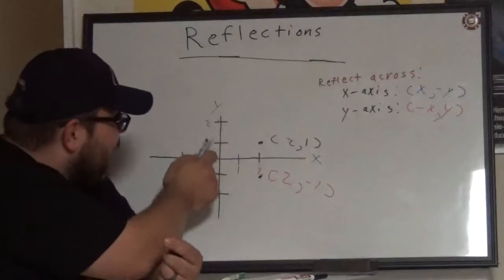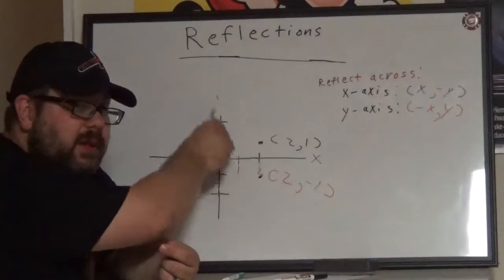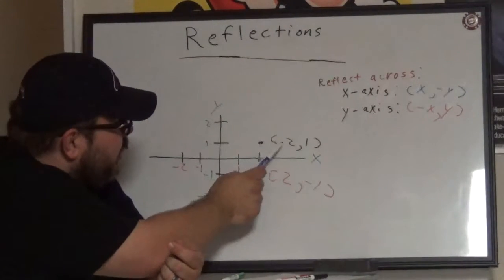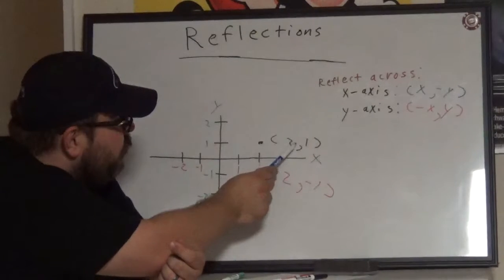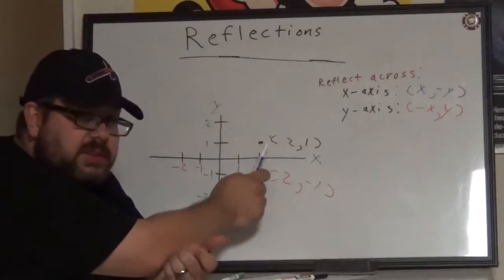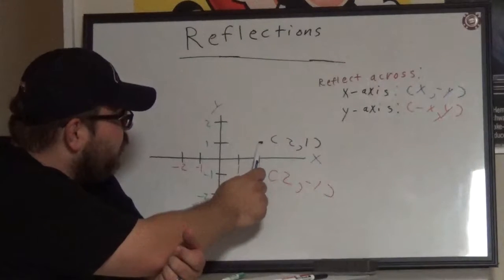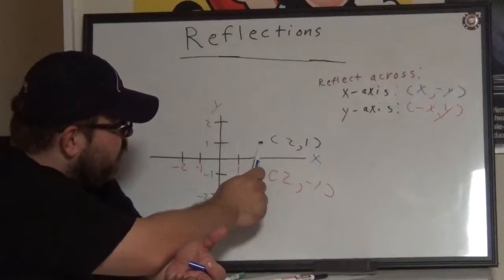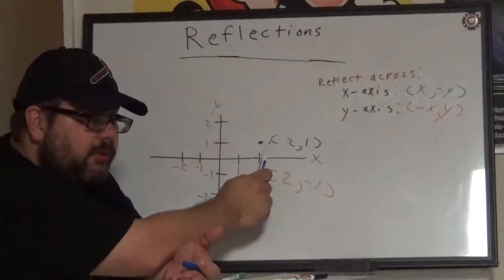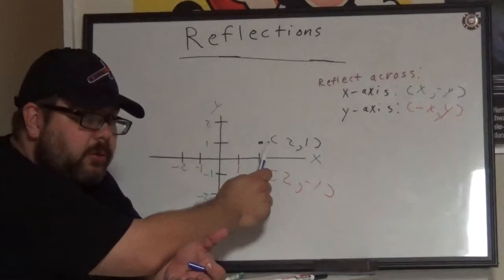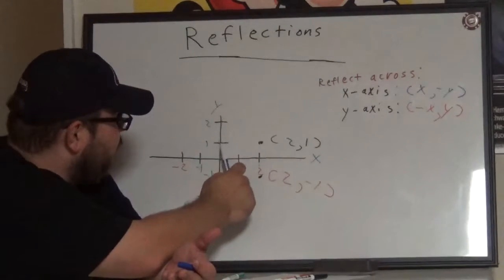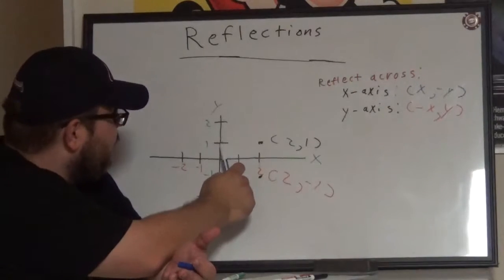But let's look at the y-axis, this one going up and down. And our point, we have 2, 1. Now let's see how far that is from the y-axis. 1, 2. 2 to the right. If we reflect, we'll go 2 to the left of the y-axis.